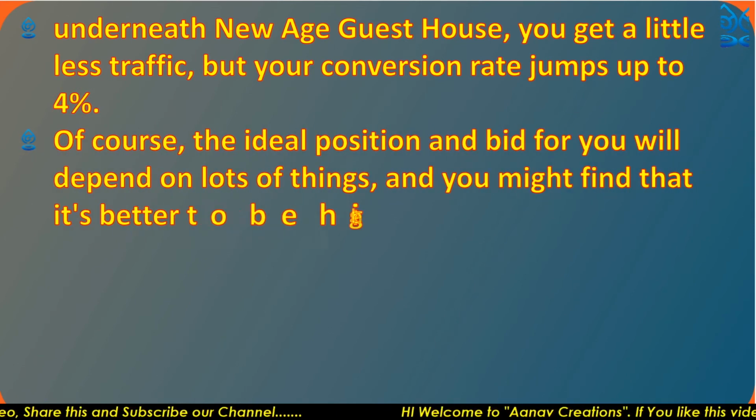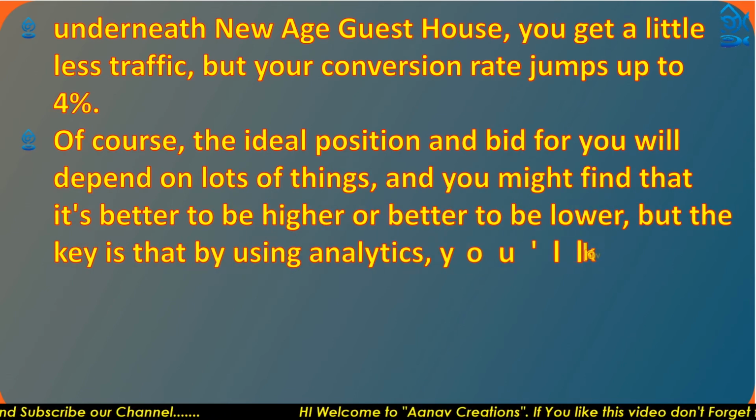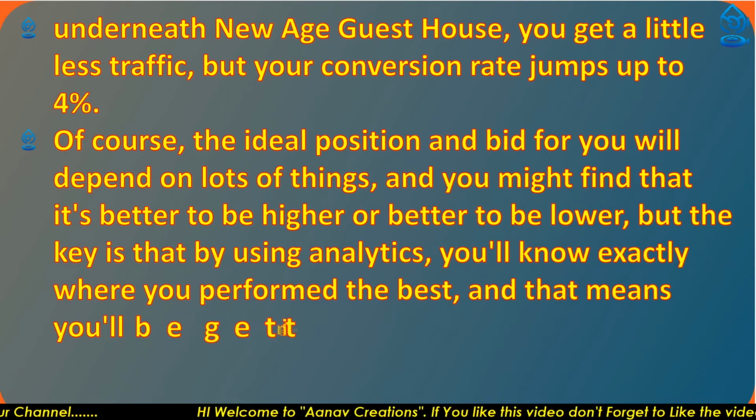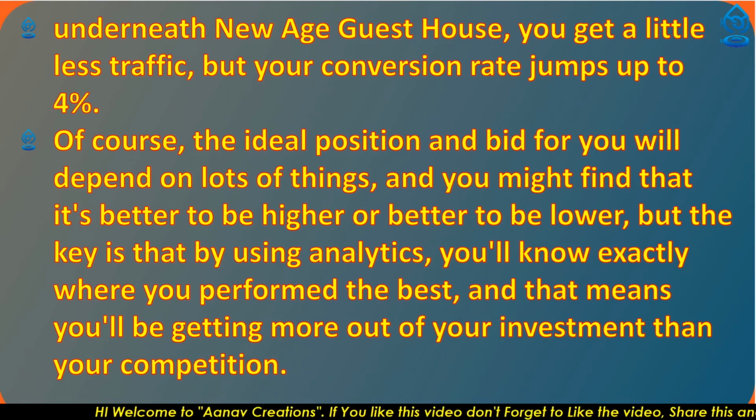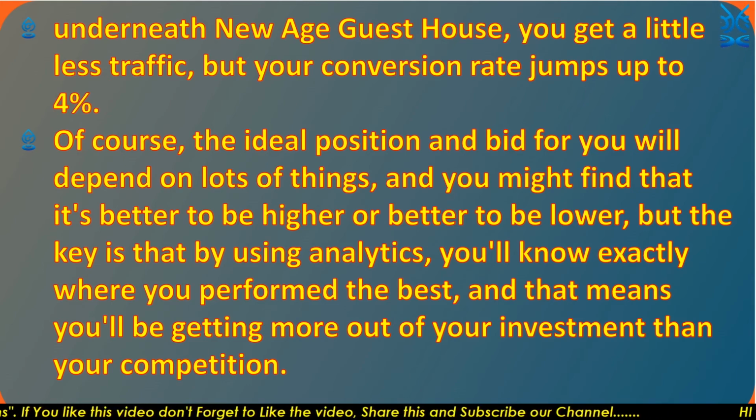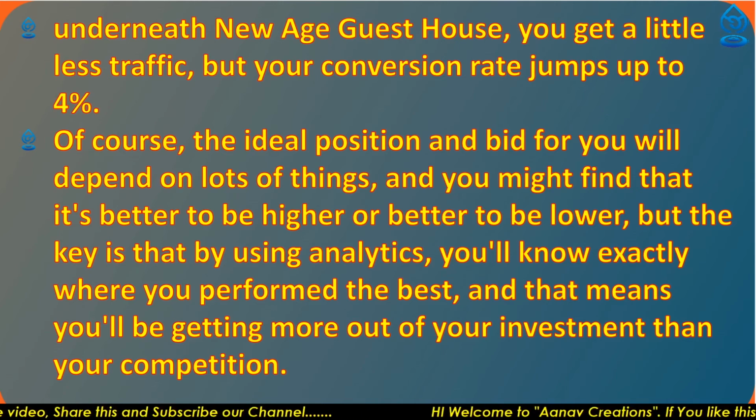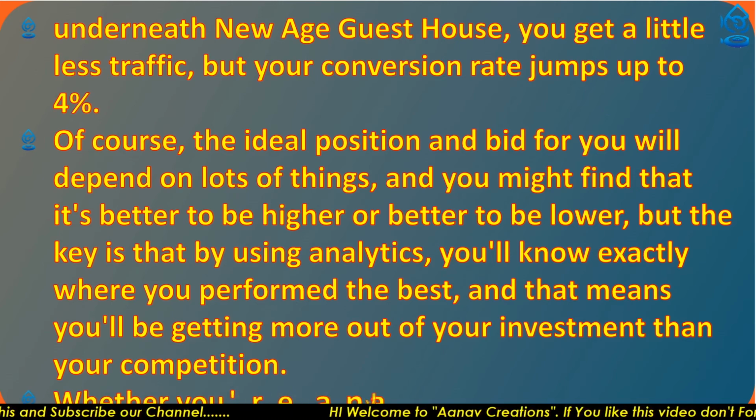Of course, the ideal position and bid for you will depend on lots of things, and you might find that it's better to be higher or better to be lower. But the key is that by using analytics, you will know exactly where you performed the best. And that means you will be getting more out of your investment than your competition.